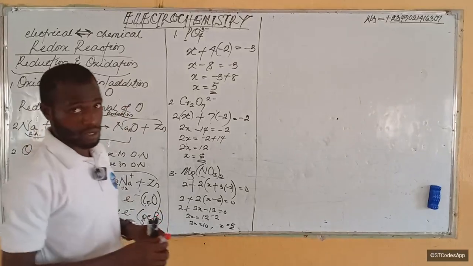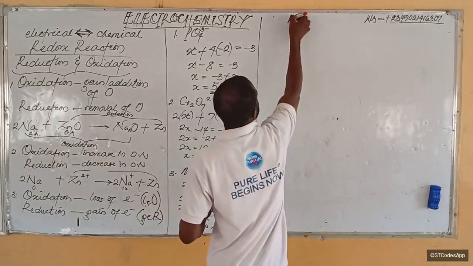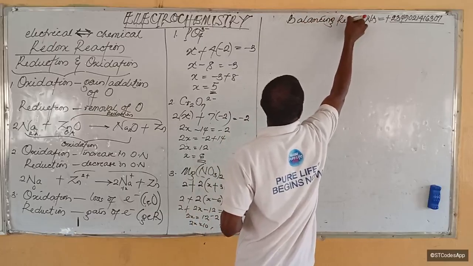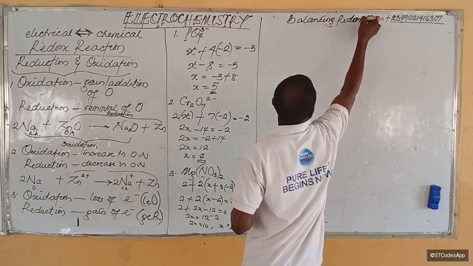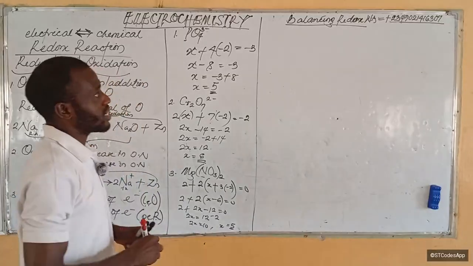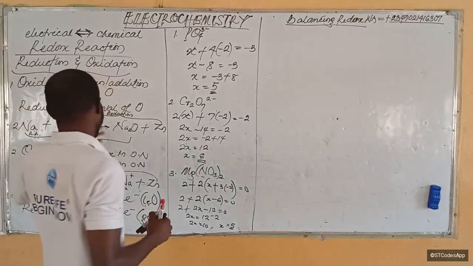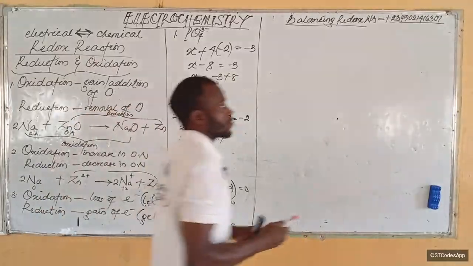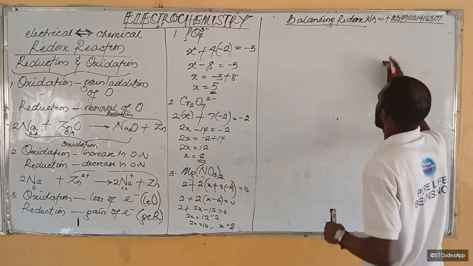So how do we balance a redox reaction? When you want to balance a redox reaction, you need the following information first. You can balance in 2 types of media.